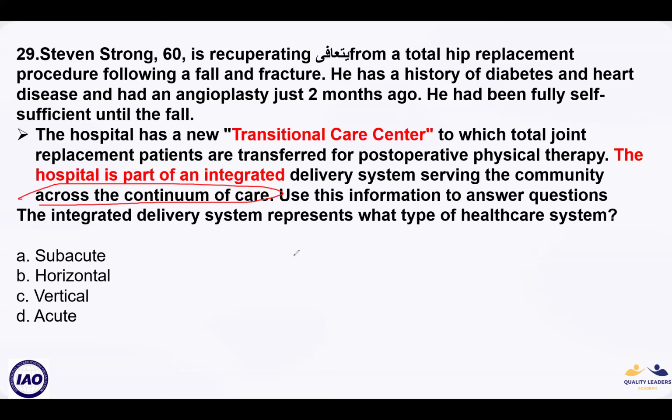In horizontal, we see same type of facilities joining, like multiple hospitals merging together. Whereas in vertical, different levels of care joined across the continuum, like a hospital, OP, hospital, rehab, primary care, again home health care, etc. Right? So here we see that this particular patient is going from a hospital to a transitional care center to physiotherapy to home.